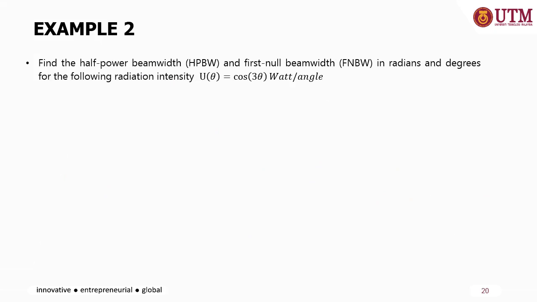Let's look at the second example. Given the following condition, the question asks you to find the half power beamwidth and also the first null beamwidth in radians and degrees for the following radiation intensity. What is radiation intensity? It's basically the power. In example 1 we used the field pattern.